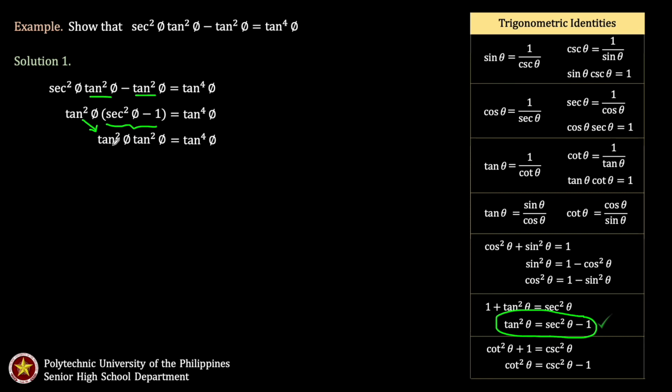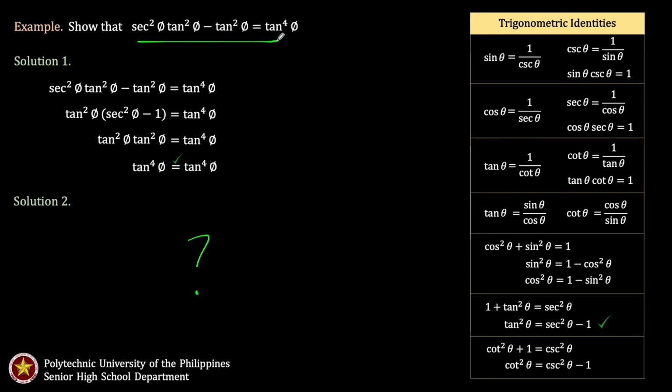Now, by multiplying these terms, tangent squared phi times tangent squared phi is equal to tangent to the fourth of phi. And they are now the same. And for solution number 2, I dare you to show your own proof that this identity is true for all values of phi.